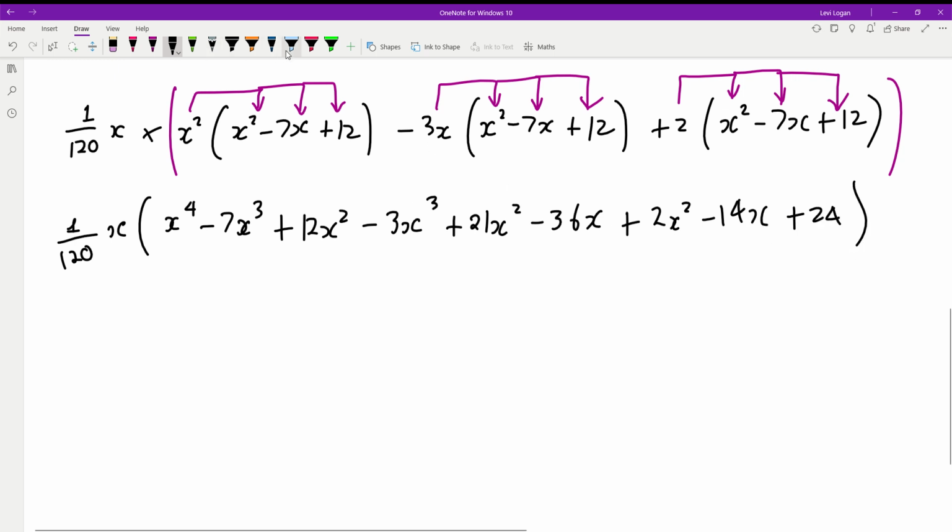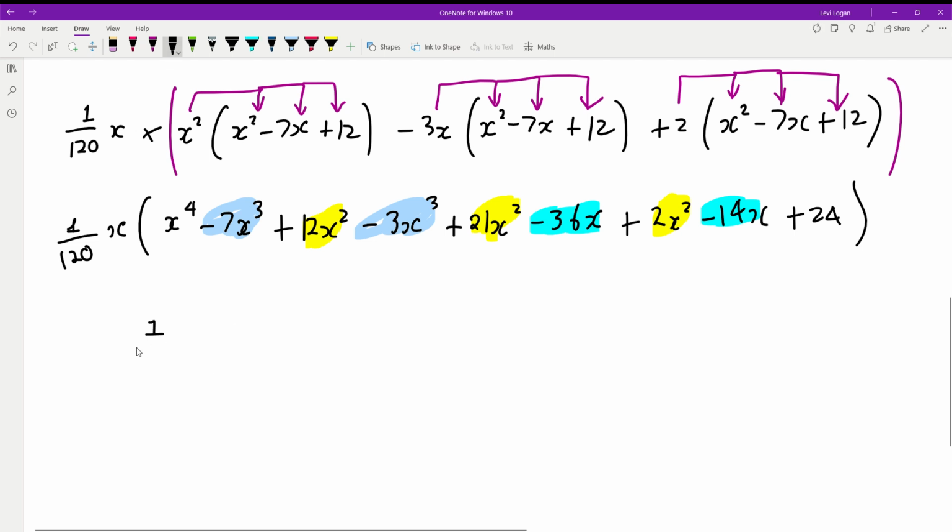Now what we do here is we see if there are any like terms. There are no powers of 4 other than the highest term there, but we can see we have a like term here and here. No other cubics, but you can also see you have a like term here and here and here. And then these two, and that would be about it, I think, okay?